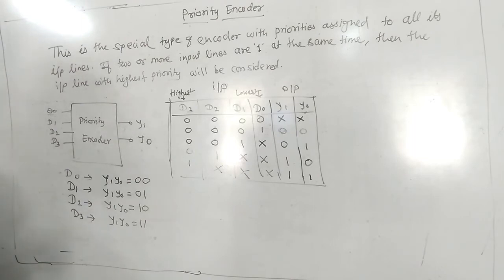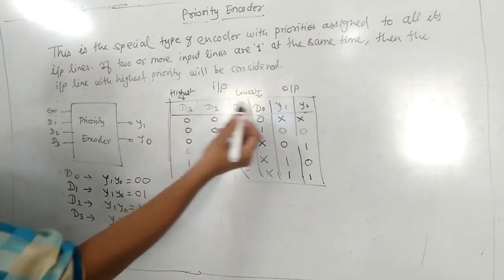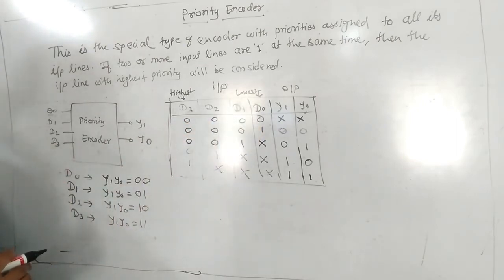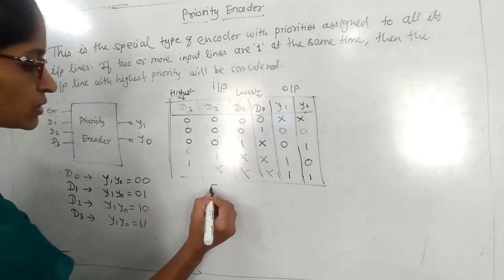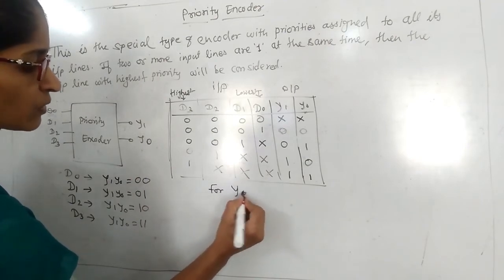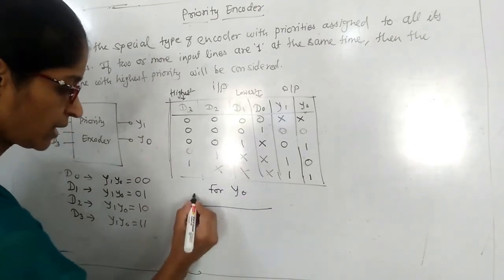Now we have to plot the K-maps to find the equations to draw the logic diagram for this priority encoder. We have to plot the K-maps for outputs Y0 and Y1. Since we have 4 inputs, we require a 4-variable K-map. So for Y0, plot the K-map.